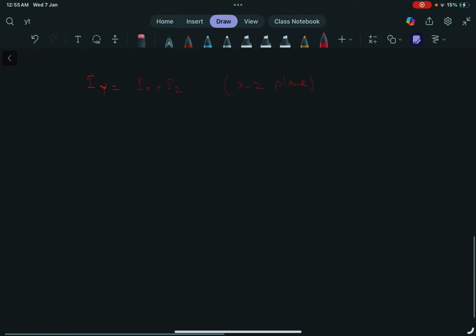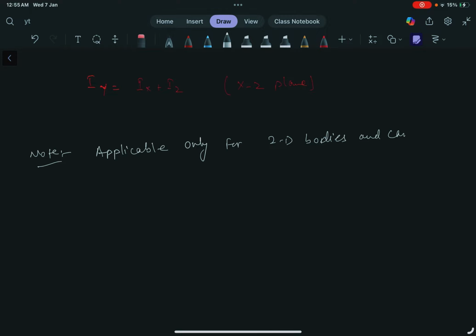One more important note is that it is applicable only for 2D bodies and cannot be used for 3D bodies.